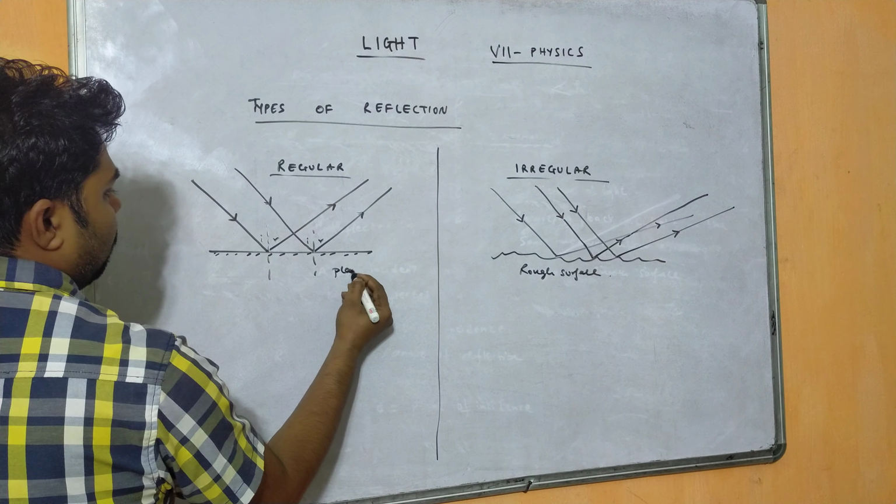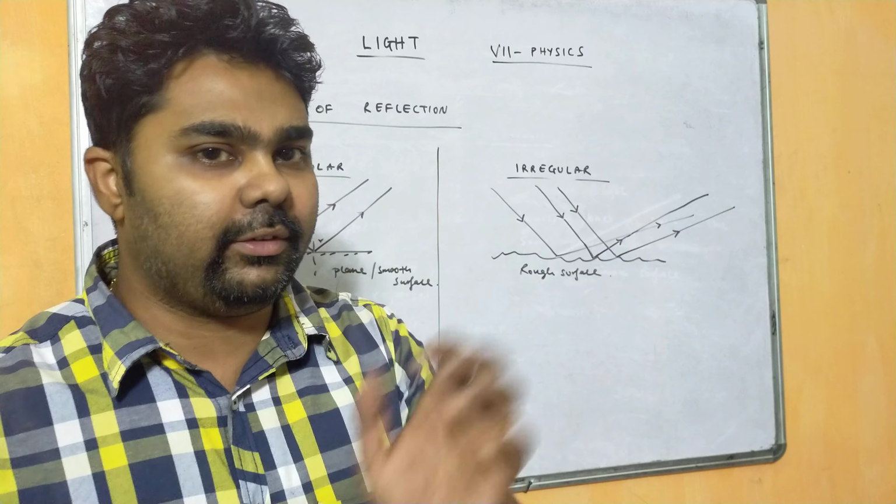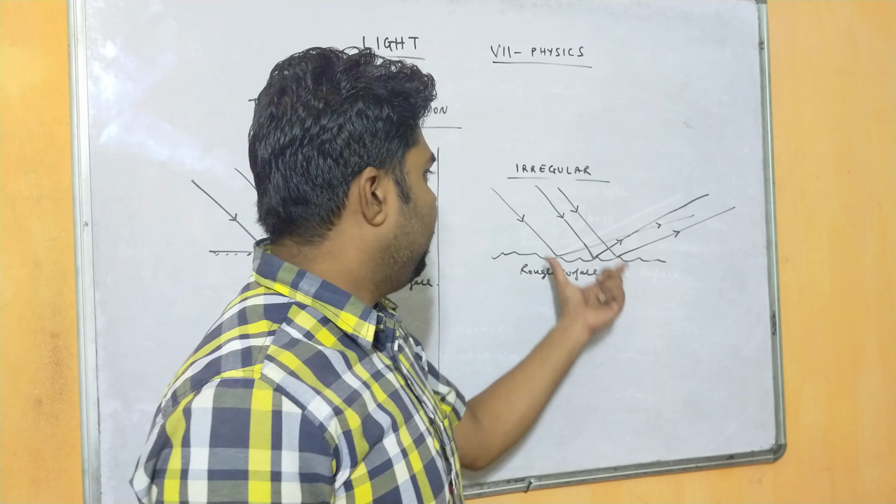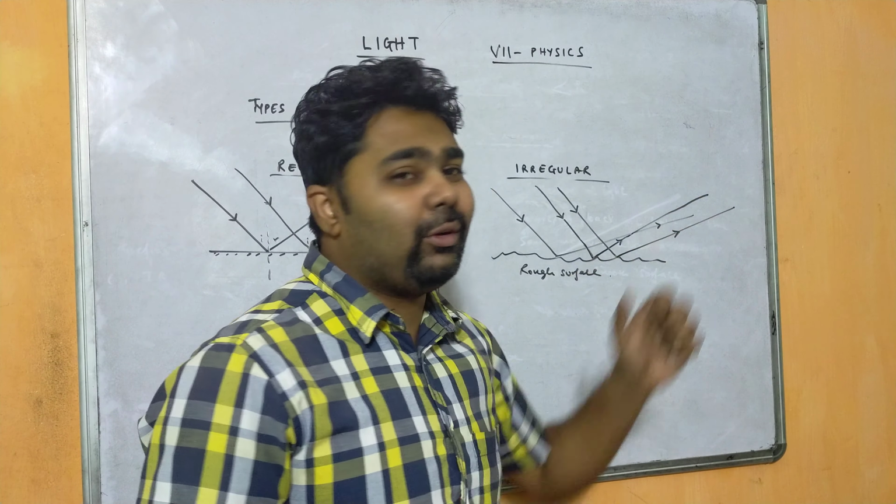Regular reflection takes place when light falls on a smooth surface. Irregular reflection takes place when light falls on a rough surface. Whenever light falls on a rough surface, for example a road, the light gets reflected in every direction, not in a fixed direction. In that case we say the reflection is called irregular reflection.